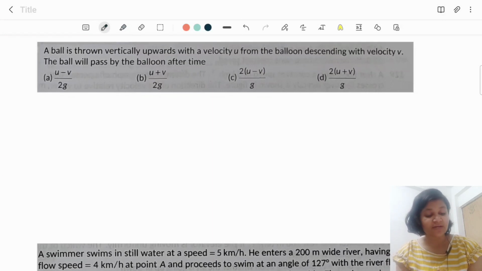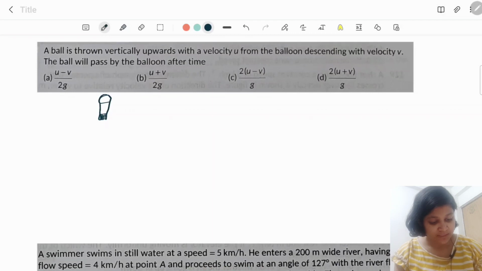So let us now look at our problem. Here it is given: a ball is thrown vertically upward with a velocity u from a balloon descending with a velocity v. That means this is a hot air balloon. There is a person inside the balloon and the balloon is descending. So at this point, this person throws a ball upward.